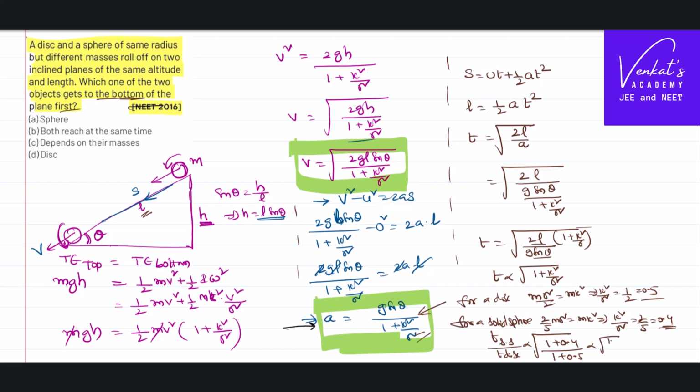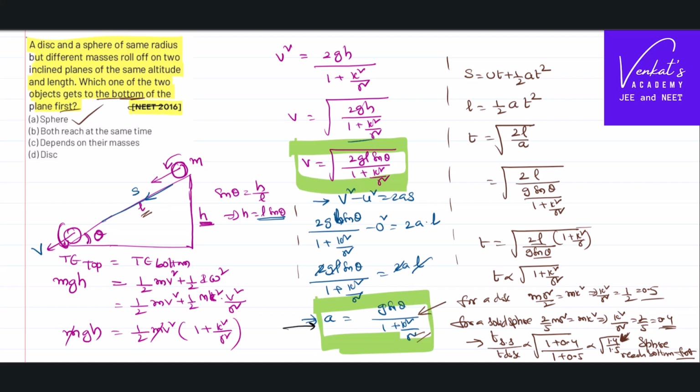That is square root of 1.4 by 1.5. Obviously 1.4 is less. The solid sphere takes less time. So the sphere reaches the bottom first. Solid sphere reaches the bottom first.